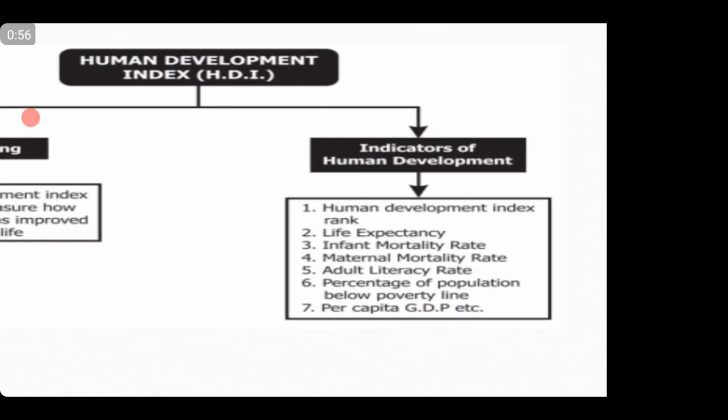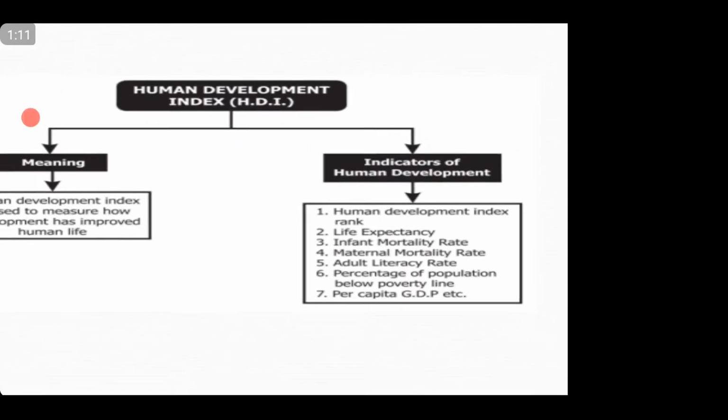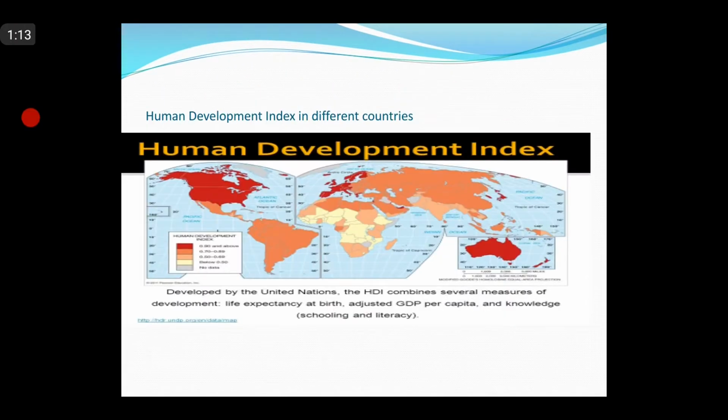The indicators are life expectancy, infant mortality rate, maternal mortality rate, adult literacy, poverty, percentage of population below poverty line, and per capita GDP.